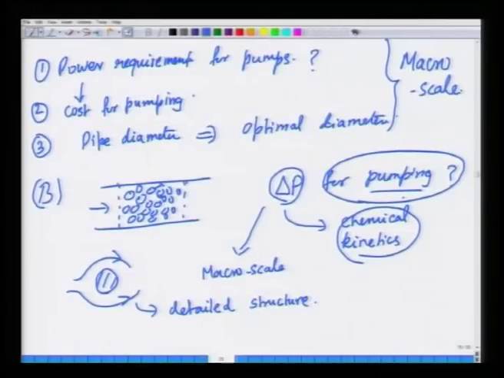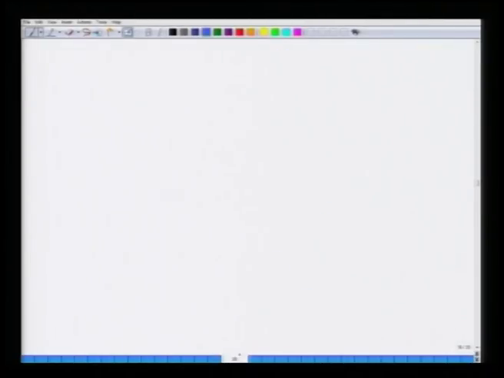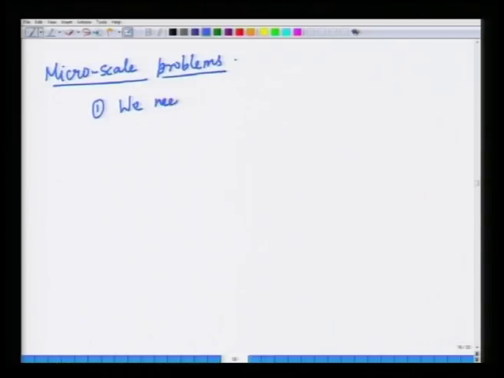On the other hand, there are contexts in which you do need detailed flow structure, and those are classified as micro scale or micro problems. Okay. So, here we need detailed flow structure.